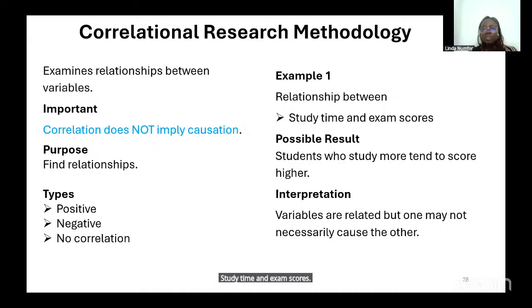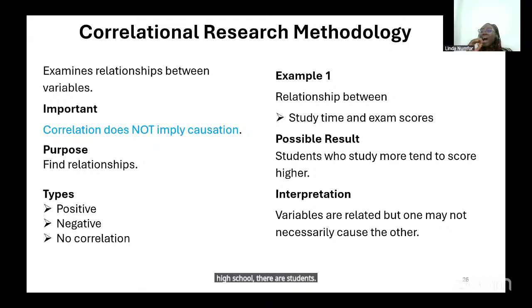Study time and exam scores. The possible result will be that students who study more tend to score higher. So you could interpret it as variables are related, but may not necessarily cause the other. So it doesn't mean that if students have studied more, then they will obviously have a high score.